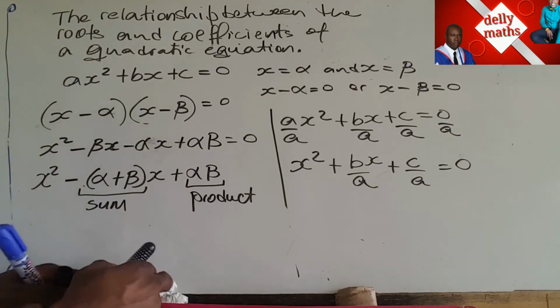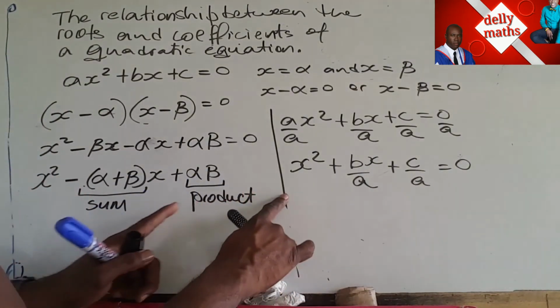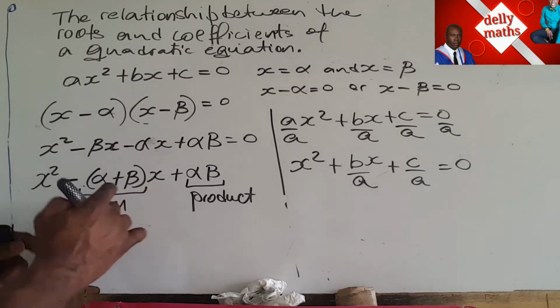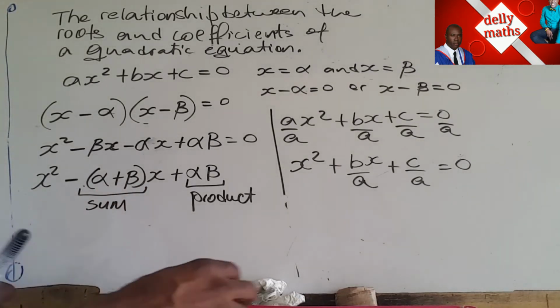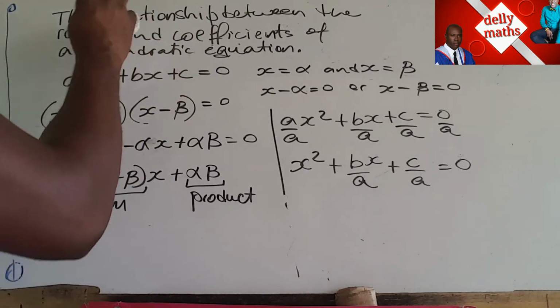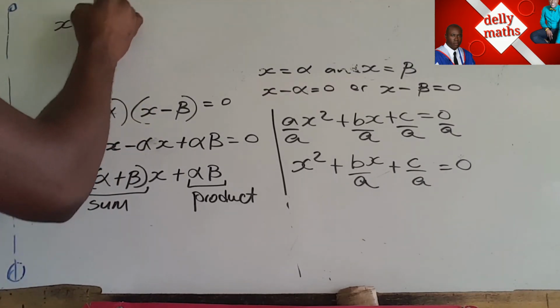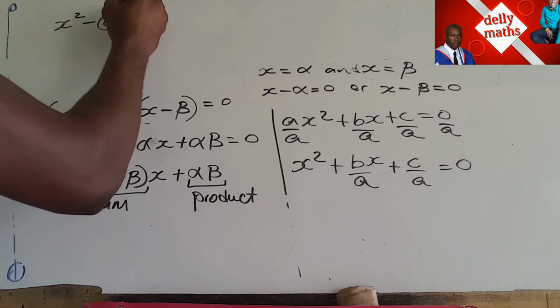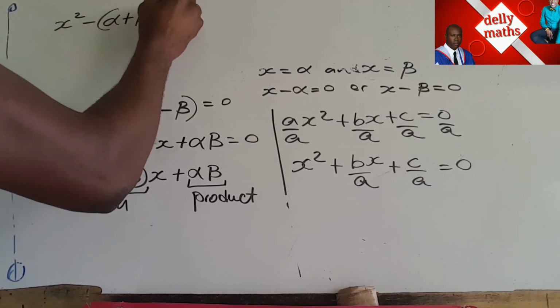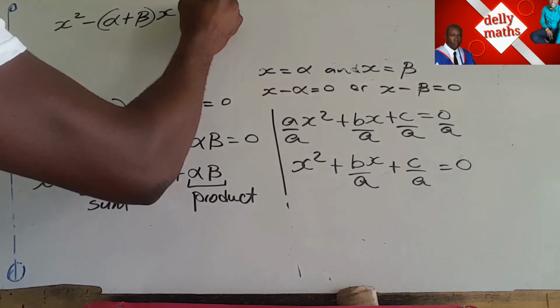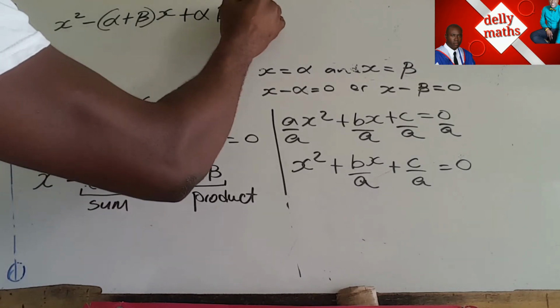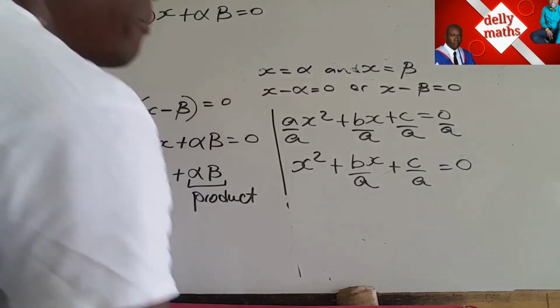So what we're going to do now is extract this and just put it right here so we could talk about it. I'm putting it up top. So we're looking at x squared minus, in bracket, alpha plus beta, x, plus alpha beta, equals 0.